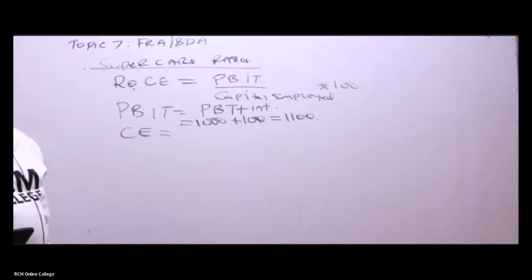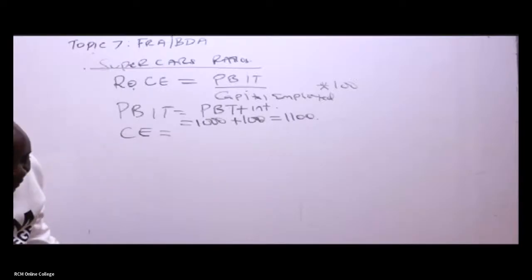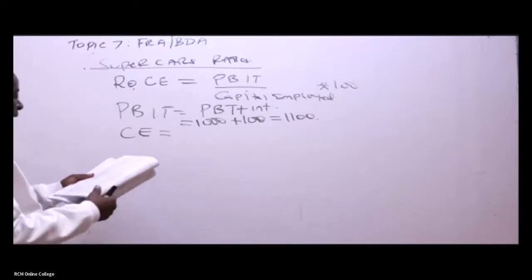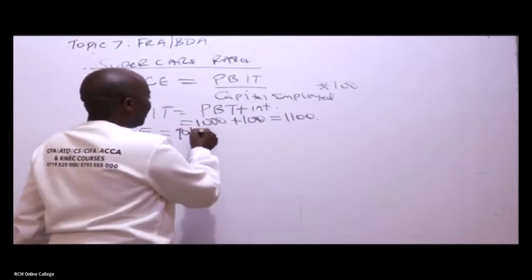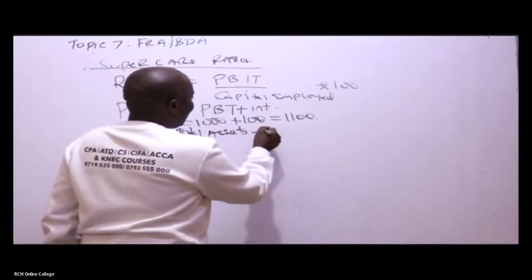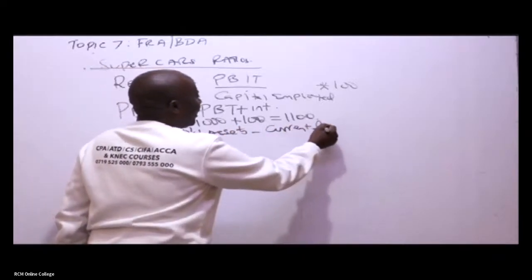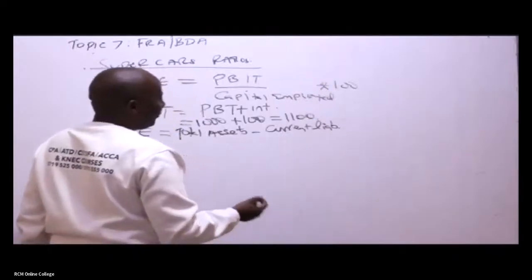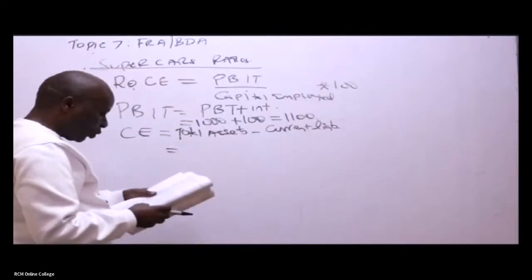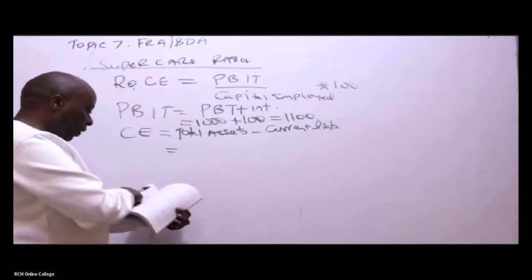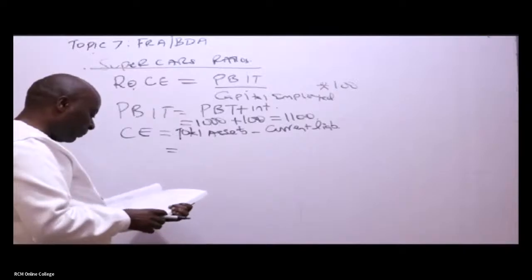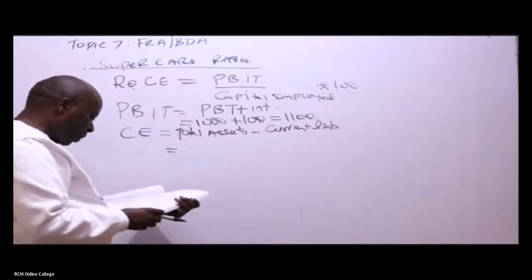Are they able to get these figures? Let's see, capital employed. How do we get it? It's very easy. It is total assets minus current liabilities. Are you able to see the total assets for Supercars?